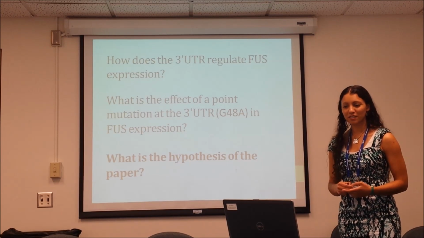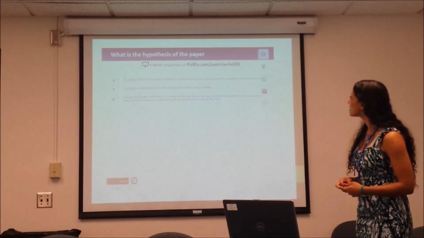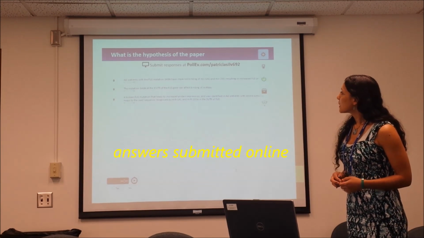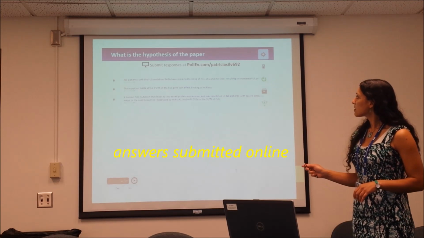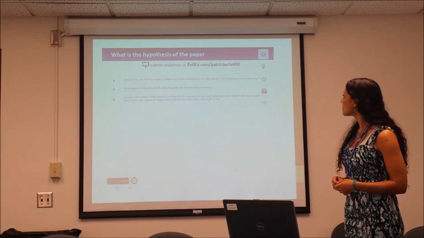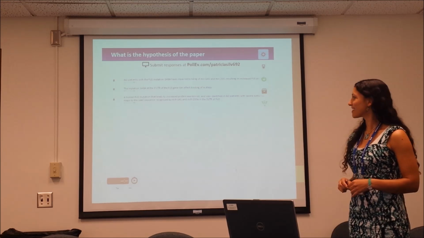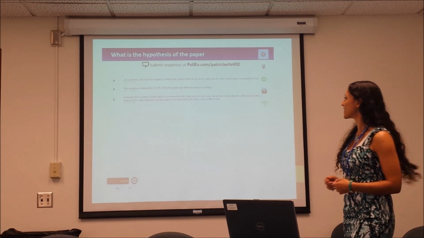Let's go to the last question. What is the hypothesis of the paper? Your answers were: ALS patients with the FUS mutation having impaired binding of miRNA 141 and miRNA 200 resulting in increased FUS protein. I guess that was copied from the paper.